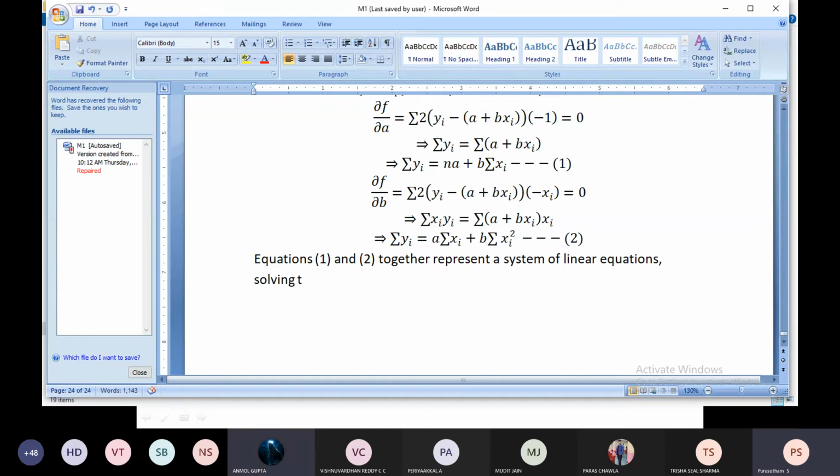Solving, we get the values of a and b, right? So now one interesting thing is that somehow I may get some linear relationship by solving. How do I guarantee that this will produce the least amount of error?